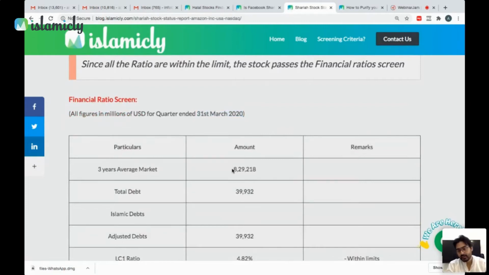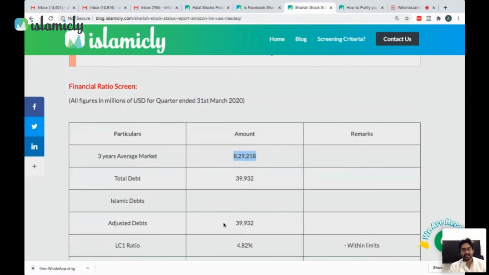So on 9th of July, the average market capitalization of the company was 829,218 millions of US dollars. So it becomes $829 billion. The total debt of the company was $39.9 billion. It doesn't have any Islamic debt, unfortunately. Hence, the adjusted debt is $39 billion.